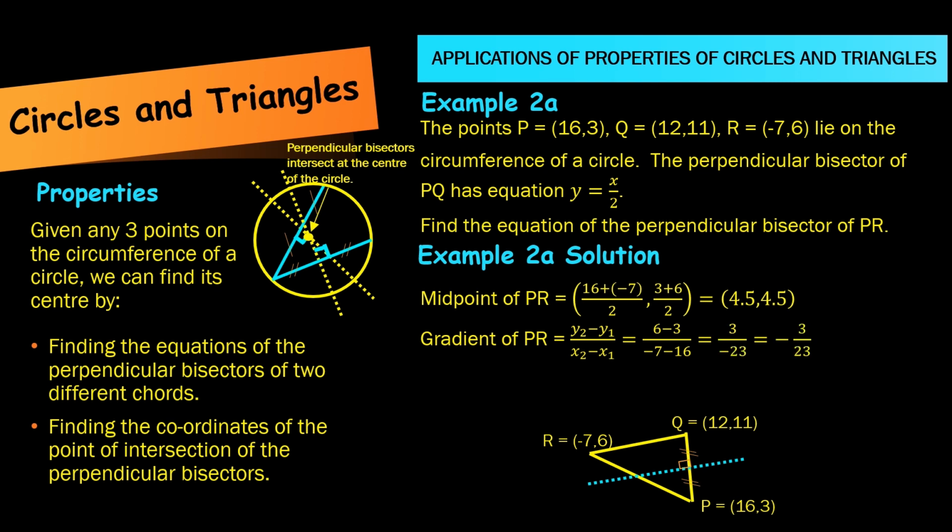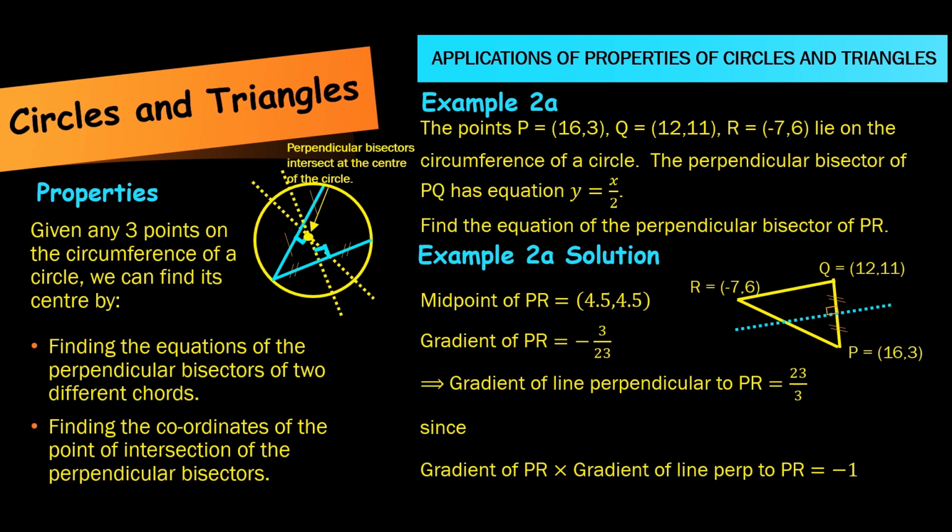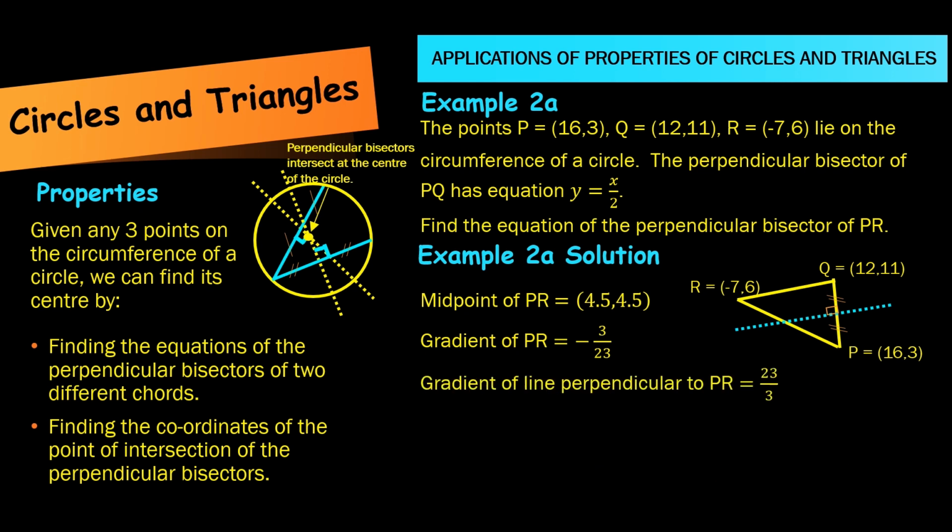Since the gradient of PR is equal to minus 3 over 23, we have that the gradient of the line perpendicular to PR is equal to 23 over 3, since the gradient of PR times the gradient of the line perpendicular to PR equals minus 1. And therefore the gradient of the line perpendicular to PR equals 23 over 3.